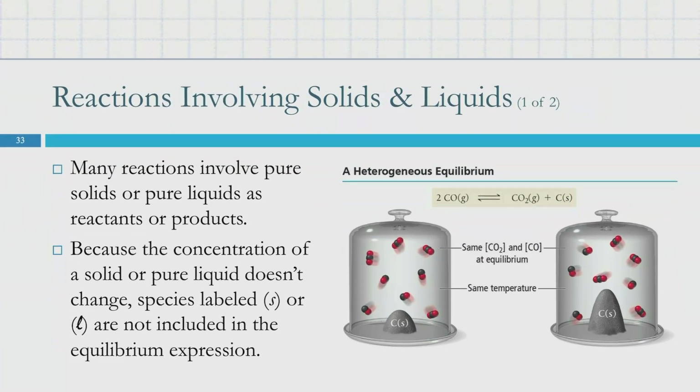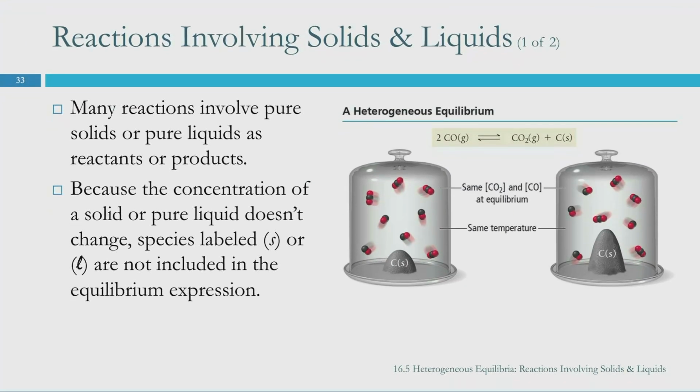All right. Sometimes we will do reactions that are not homogeneous. They're heterogeneous, so we'll have solids and liquids as well as gases. The concentration of a solid or pure liquid doesn't change. As long as you have some there, the concentration of that thing is constant, just like in the solid form or the liquid form, it's going to be the same concentration.